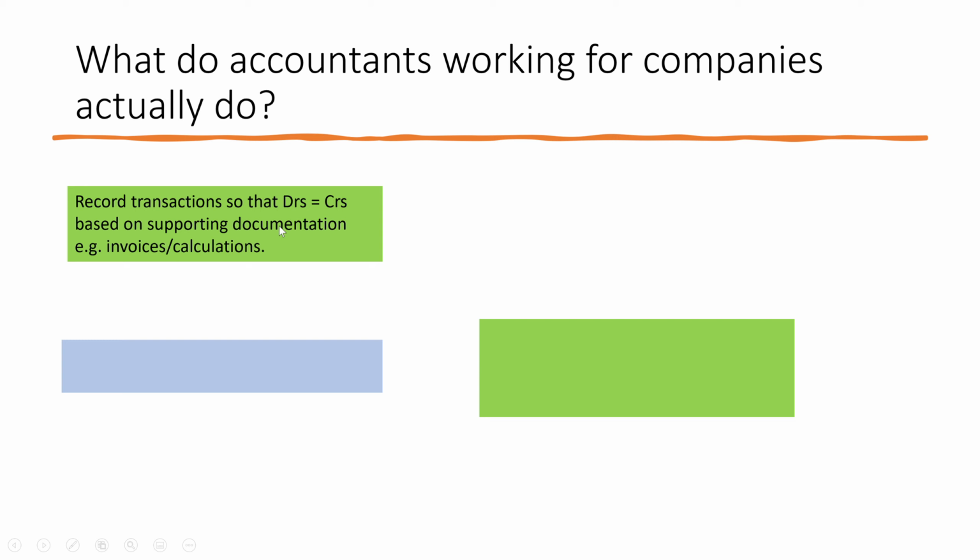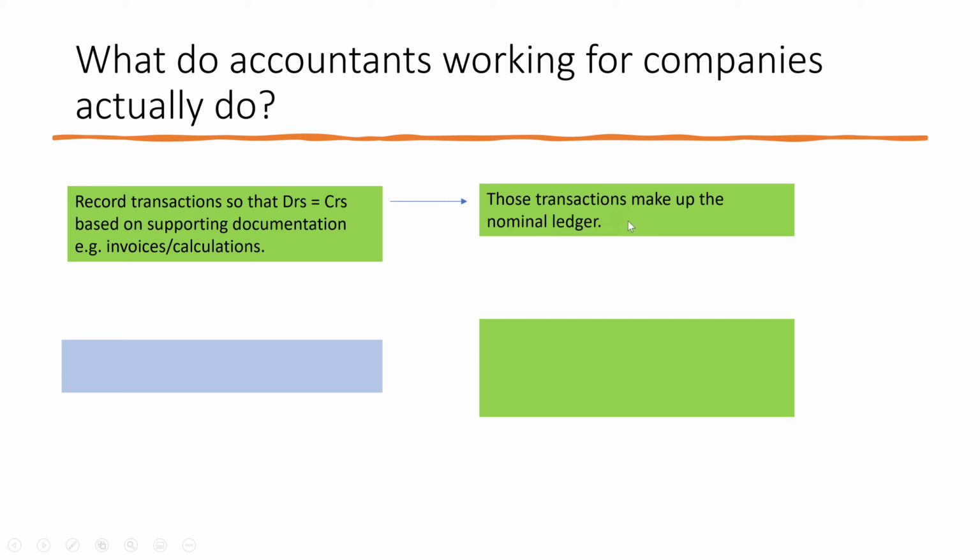For certain estimates, you need calculations. Like if you're trying to record depreciation, you obviously need to do some maths to work out what the depreciation charge should be. The second step is that these transactions make up what we call the nominal ledger.